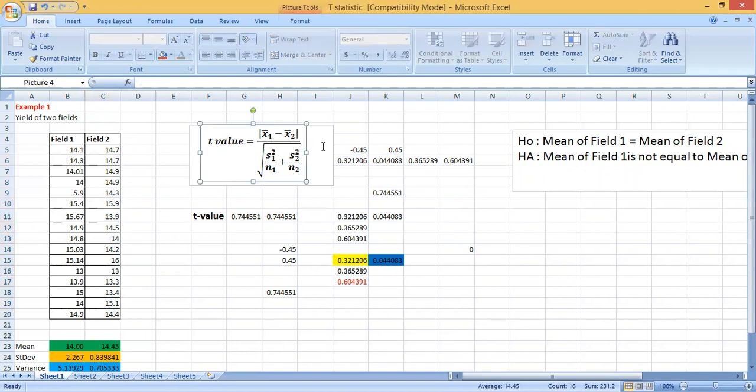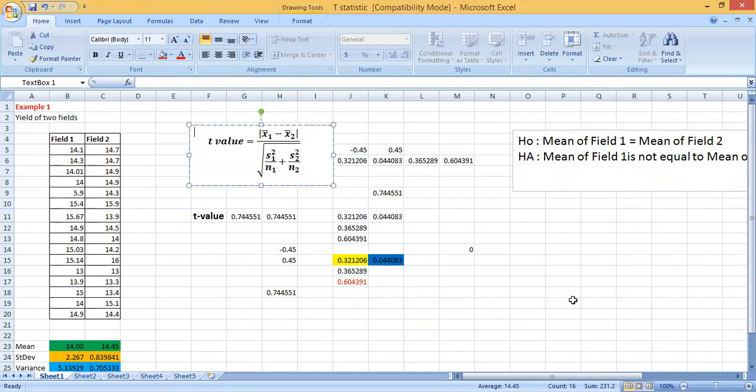The formula is the absolute difference between the means of the two groups, divided by the square root of the sum of the variance of group 1 divided by its number of observations and the variance of group 2 divided by the number of observations of that group. So this is the formula, and depending on it we are going to calculate the t value.